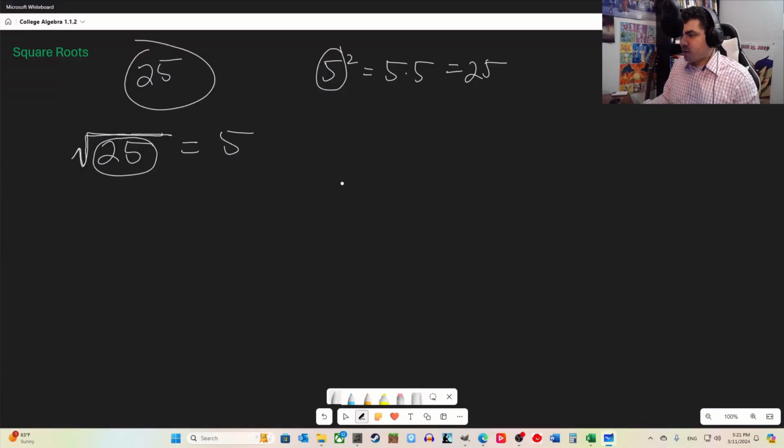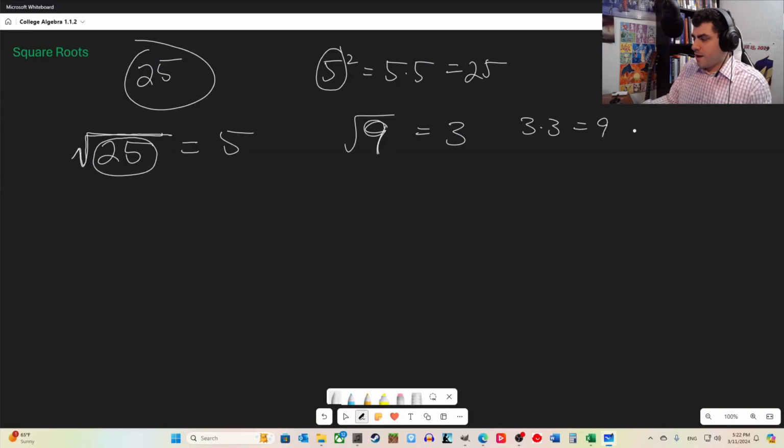All you have with the square root is you're asking to find what number multiplies itself. What number multiplied by itself twice will equal 9? And we know that's 3 because 3 times 3 equals 9. The square root of 16 equals 4. You are simply asked to find what number can be multiplied by itself to give this number.